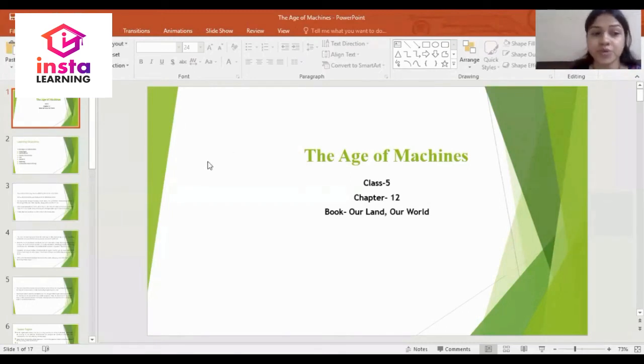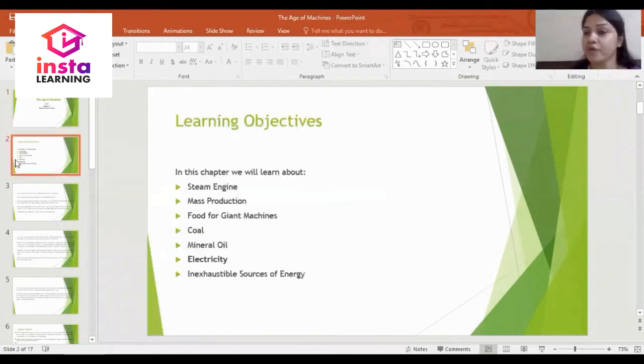So, dear student, very first you should know what the learning objectives of this chapter are, or what you will learn in this chapter. In this chapter, you will learn about the steam engine. Second, you will learn about mass production. Third, food for giant machines.